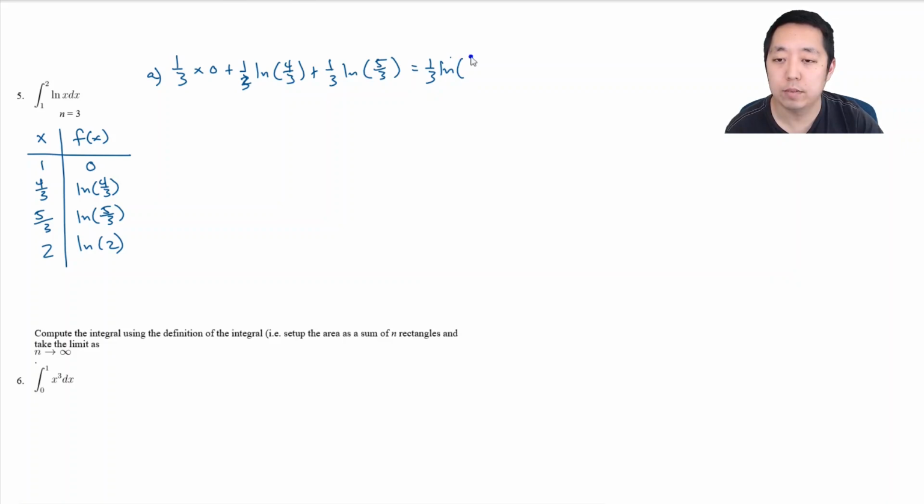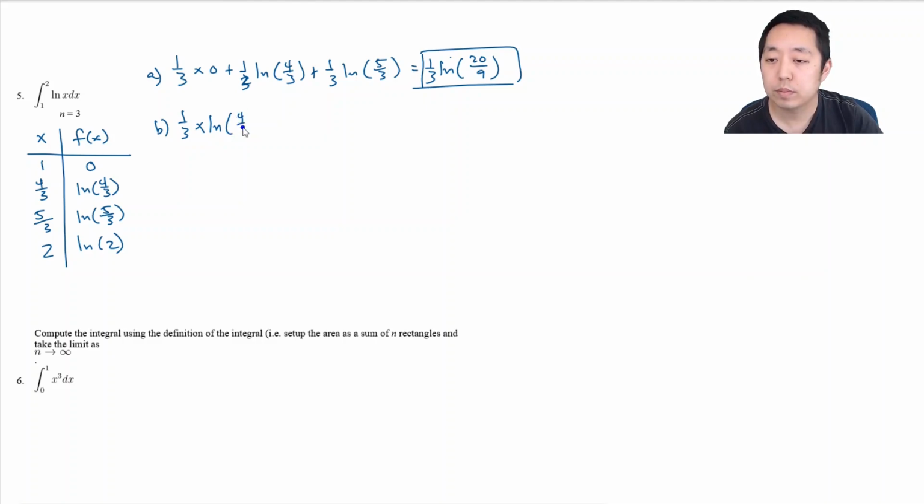It's ln of 20 over 9, right? Because ln of 4/3 plus ln of 5/3, I just multiply the insides. So that would be that one. And for the right-hand sum, I'm going to do these three instead, right? Third ln of 2. So that's going to be 1/3 ln of, and that's what I'm going to multiply all these. So 2 times 20, it's 40 over 9.